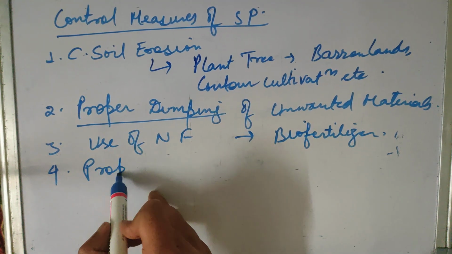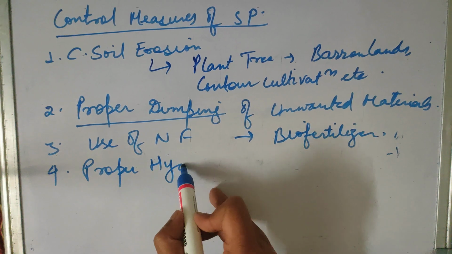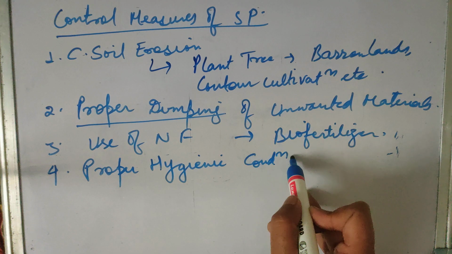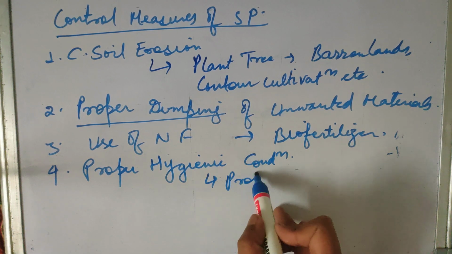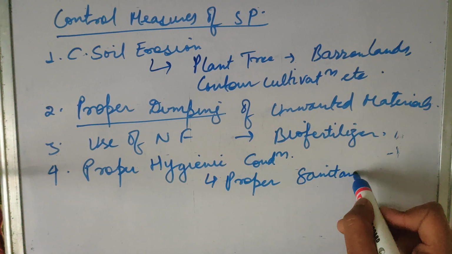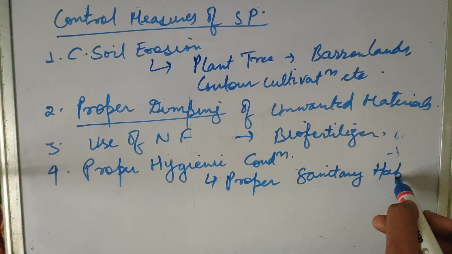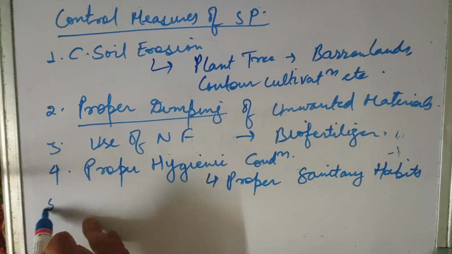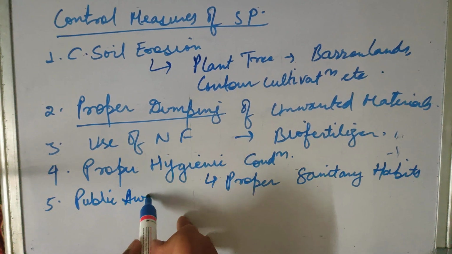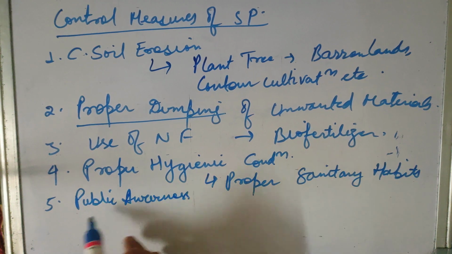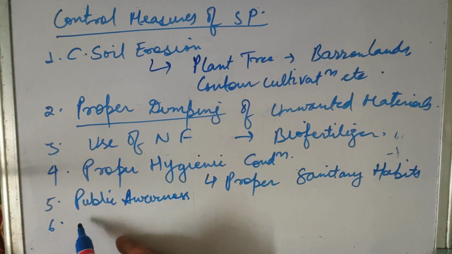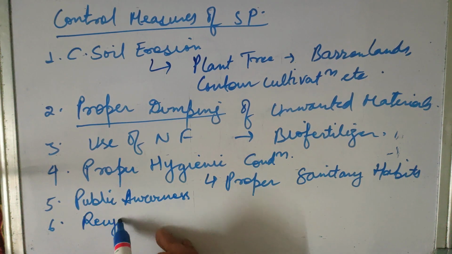We need to maintain proper hygienic conditions. Proper sanitary habits should be followed. Public awareness is very important so that they do not participate in soil pollution because they are unaware. Recycling and reuse of resources.